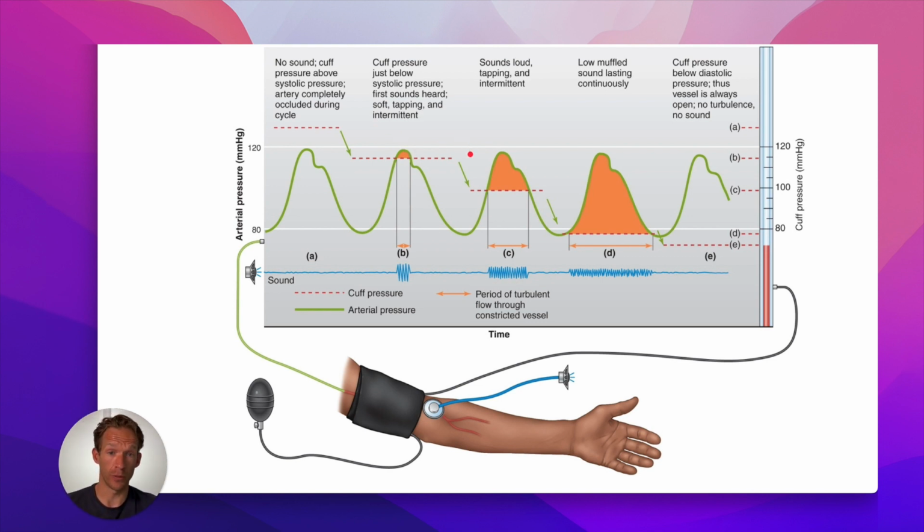If you then gradually lower the cuff pressure further, you will have a longer period of sound, because here you can see that during this period the cuff pressure is lower than the actual blood pressure, so there will be blood flow, but because you're still squeezing the artery to some extent, you will have some turbulence and you will hear the sound until the pressure is almost at the diastolic pressure, which means that for almost the entire cycle, the blood will flow through the artery, because it's no longer so constricted, so compressed.